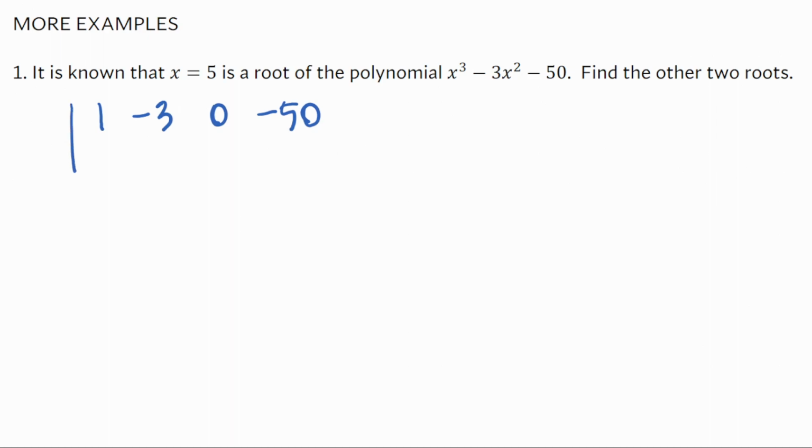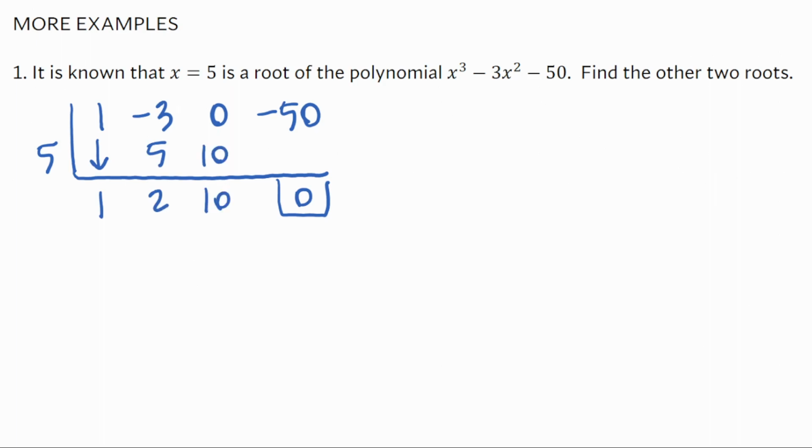Then we're dividing by x minus 5, 5 over here. We're just running this through. If x equals 5 is a root, then I should, at the very end, get 0, right? That's what I'm expecting. So I'm multiplying, adding, multiplying, adding, multiplying, adding, and sure enough, I get 0.